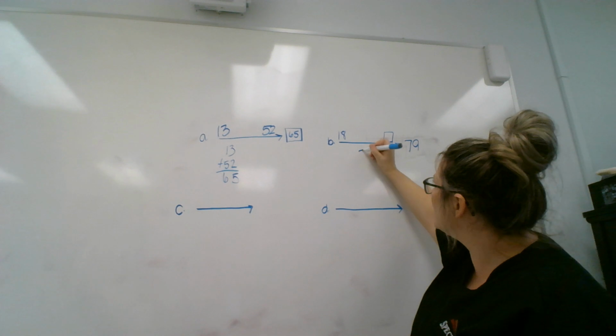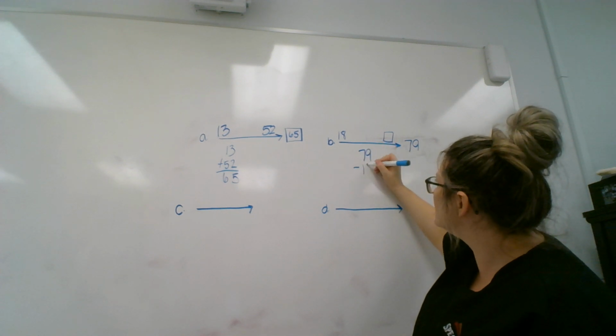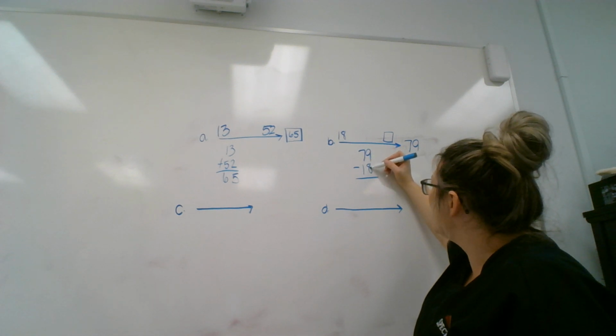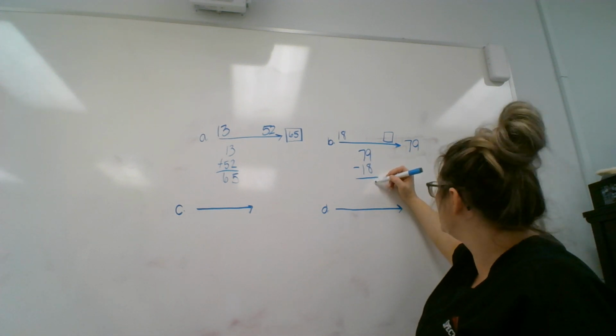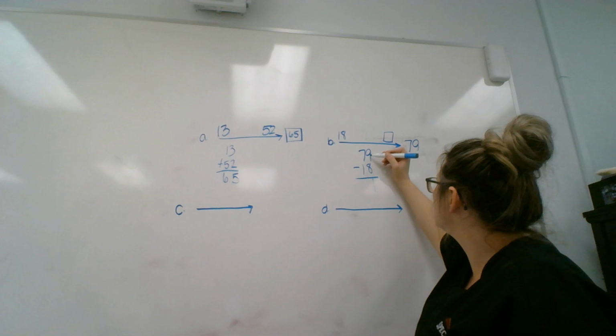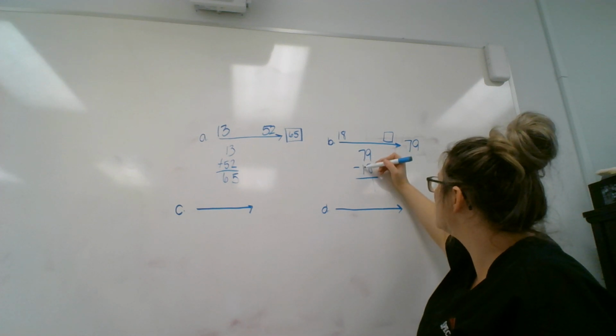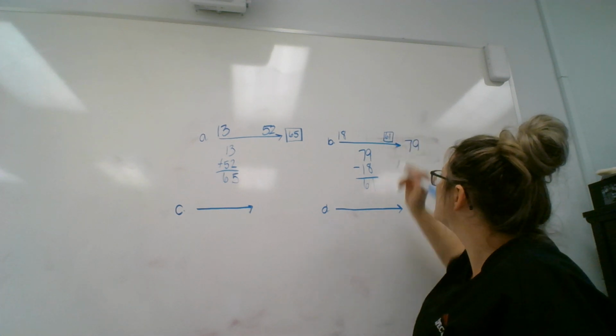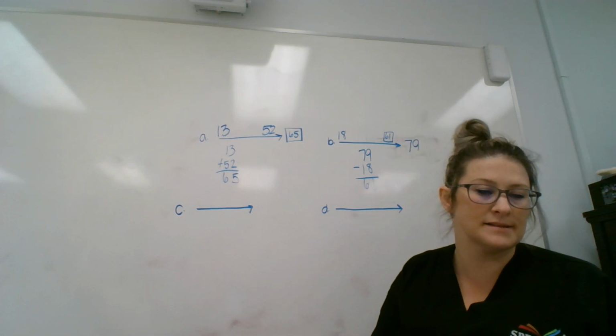So I have 79 minus 18. I have a 9 and an 8. 8 I can take from 9, thank goodness, so I don't have to borrow. 9 minus 8 is 1. 7 minus 1 is 6. So my other small number is 61. You just plug it right in the box.